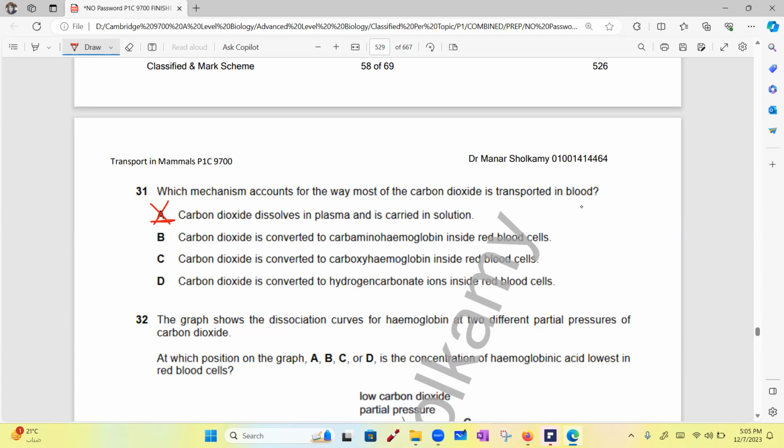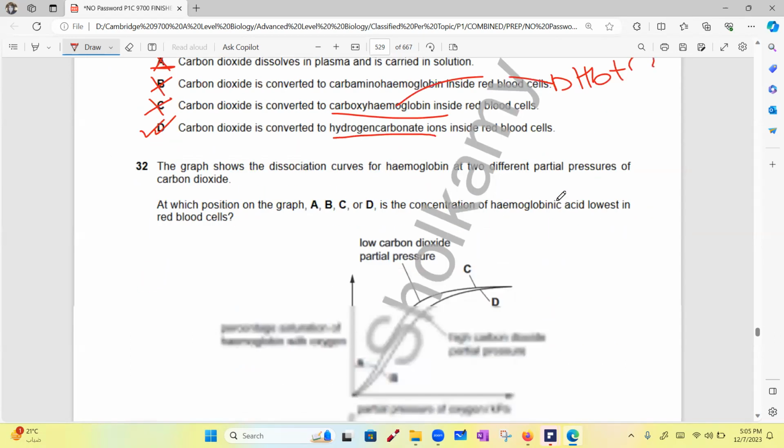No. C, carbon dioxide is converted into carboxyhemoglobin inside red blood cells. This is definitely wrong because carboxyhemoglobin is made of hemoglobin plus carbon monoxide, not even carbon dioxide. So C is definitely wrong. D, carbon dioxide is converted to hydrogen carbonate ions. Yes, of course. This is very obvious. Now 32.